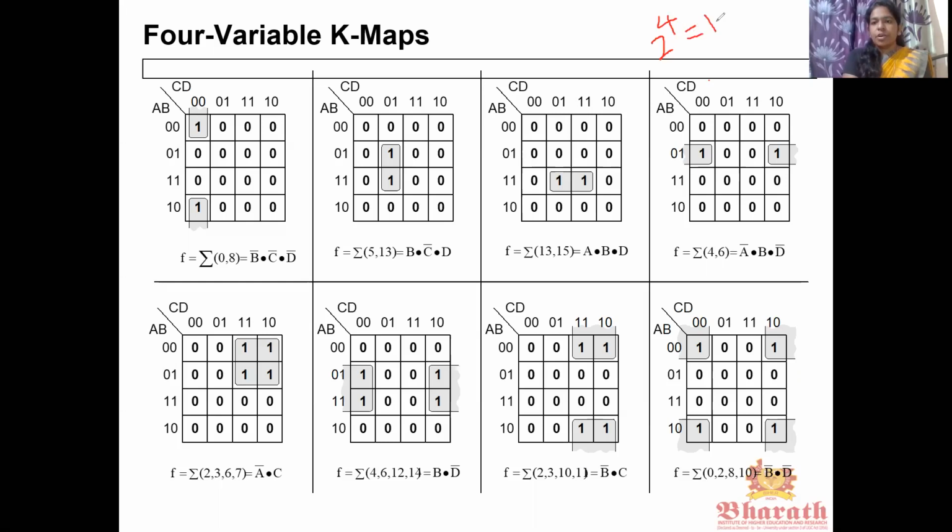So we have to draw 16 cells in the 4 variable K map. This is the representation. 4 variable means A, B, C, D. We have 2 variables on this side. So AB means we have to represent 2 binary numbers. So 0, 0, 0, 1. You all know. Here 1, 0, then 1, 1. Same in the column wise also.